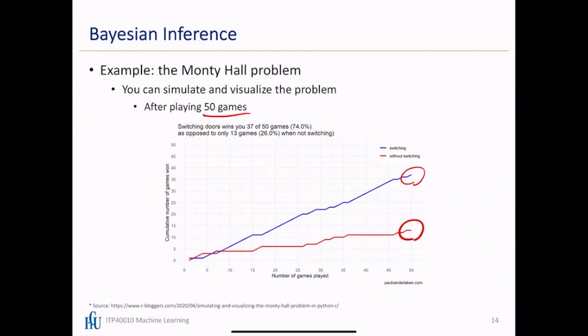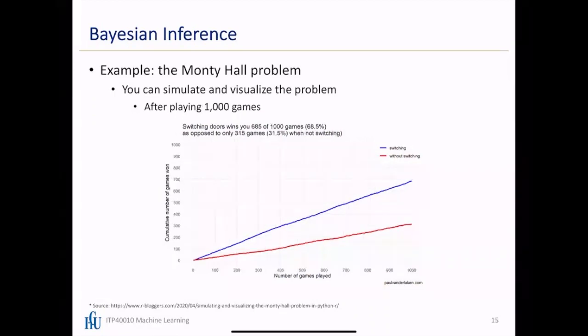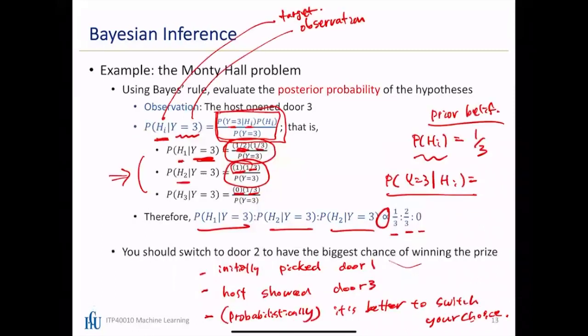Basically, it's double. If you repeat this 1,000 times, the tendency becomes clearer. It looks exactly double, and that is what our analysis is telling us: probability 1/3 versus 2/3. So switching gives me twice the chance of winning.